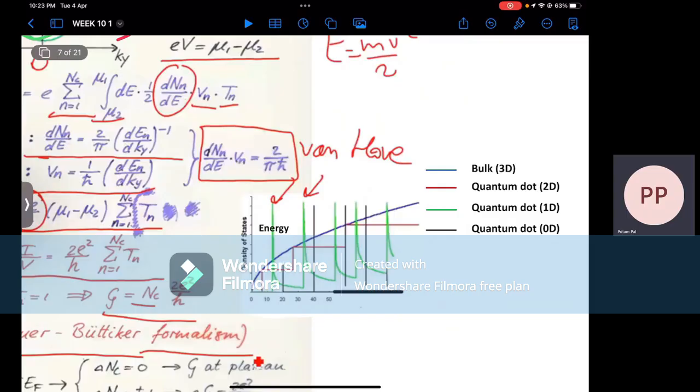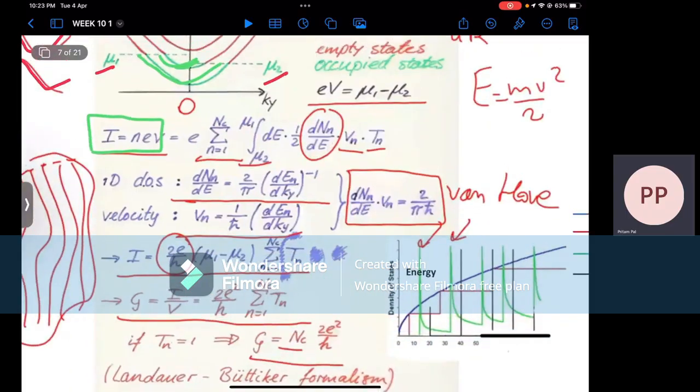So then we can make this integral over the chemical potential from mu1 to mu2, as mentioned. It was an integral over dn, but we turned it into an integral over the energy. What we have gained here is the density of states, which we derived last time.